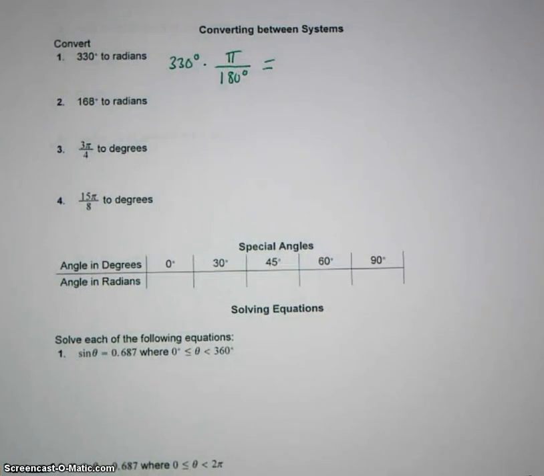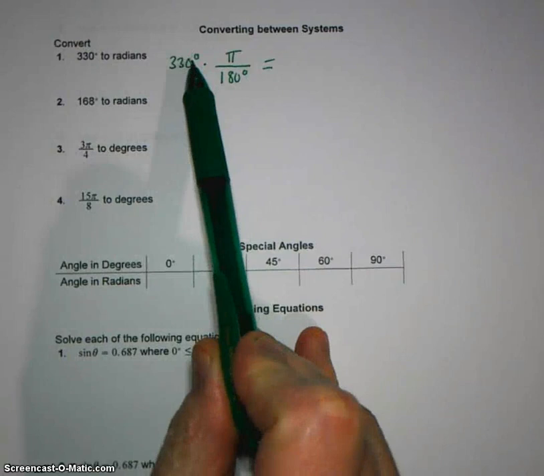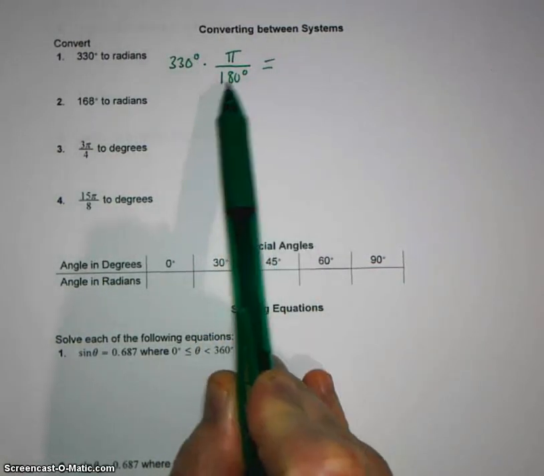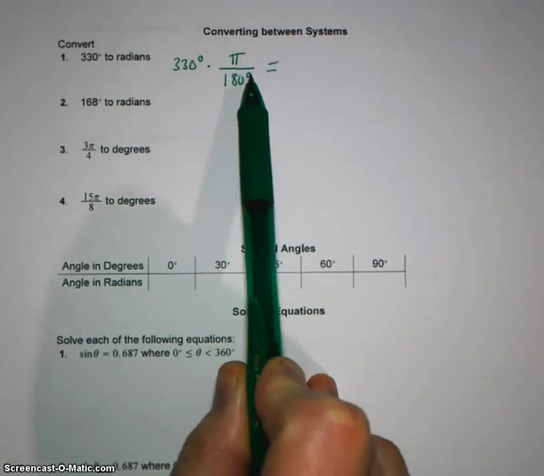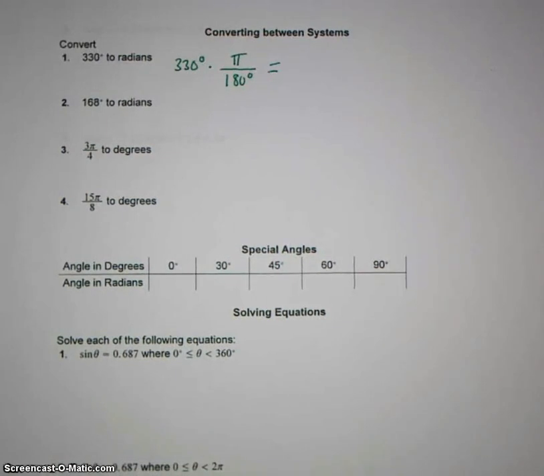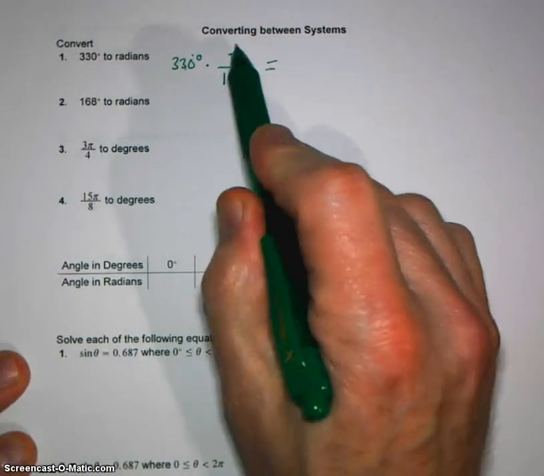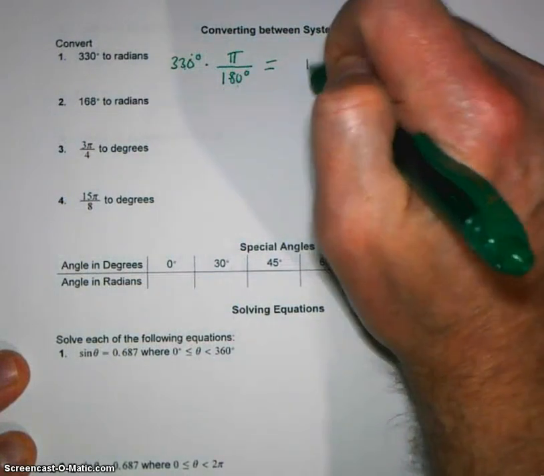Now, be very, very careful when you write things from now on. If we are working in degrees, we absolutely need to write the degree symbol. If you write 180 and don't write a degree symbol, then that's 180 radians. Okay? So make sure you write the degree symbol all the time. All right, now what we do is we can reduce 330 over 180, but we recognize our answer is going to have a pi in it.